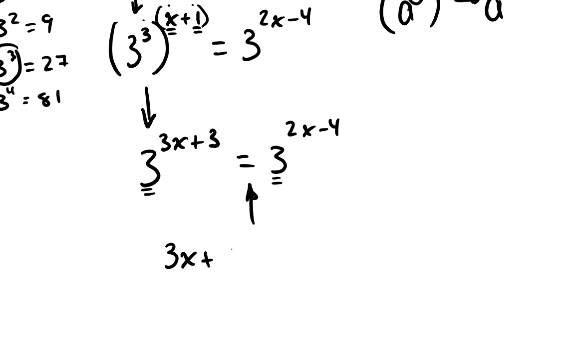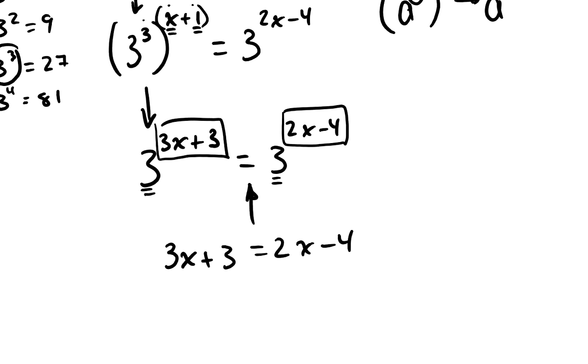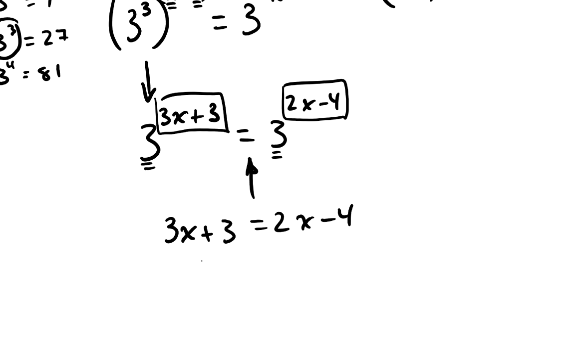We're just going to set this exponent equal to the other exponent. And this will allow us to answer the question, what value of x will make this exponent equal to this exponent? Because that's what we want. If I take away 2x from both sides, this becomes x plus 3, and this is negative 4. And if I take away 3 from both sides, I get x is negative 7.